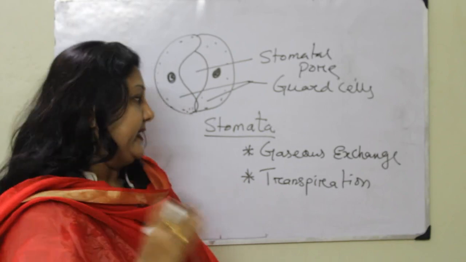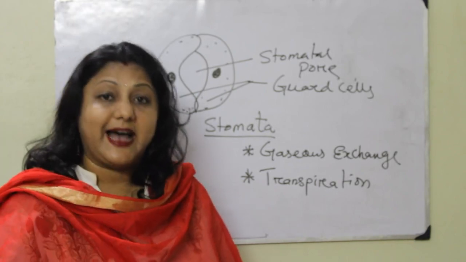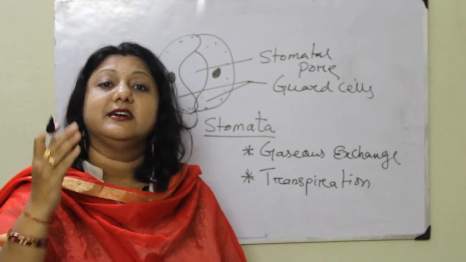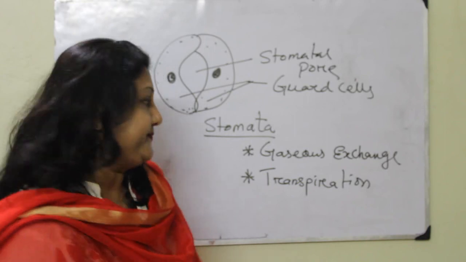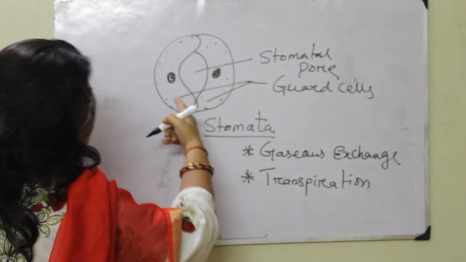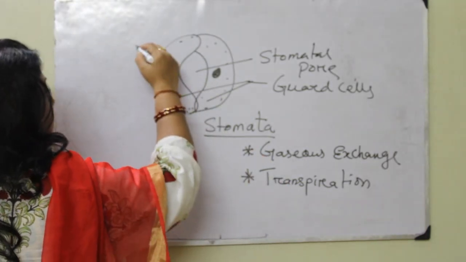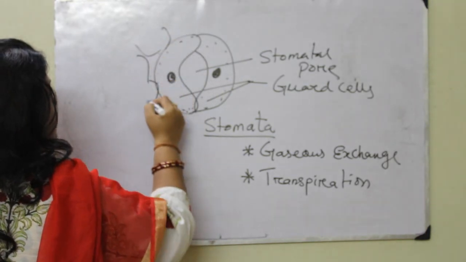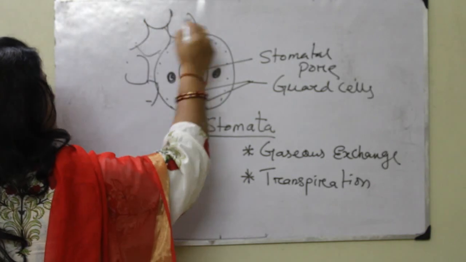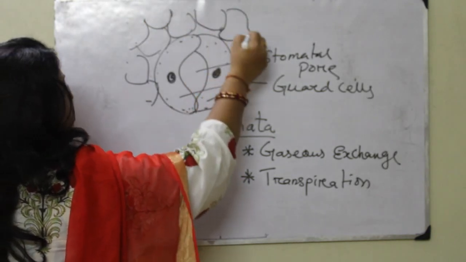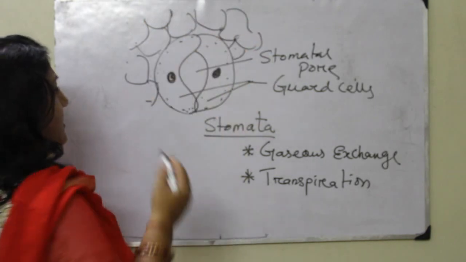Okay? Now, how exactly do the guard cells control this closing and opening of stomata? These guard cells are connected with the mesophyll cells. Okay? These are the mesophyll cells which connect the guard cell.